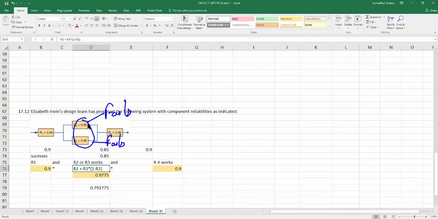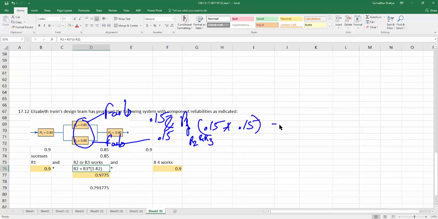The probability that this will fail is 0.15. The probability that this one fails is also 0.15. So the probability that the whole system fails is that this fails and this fails, in essence 0.15 times 0.15. That gives you the probability of failure for R2 and R3.